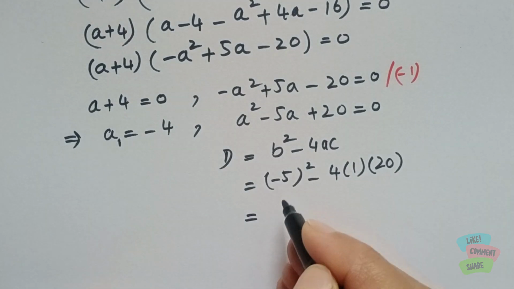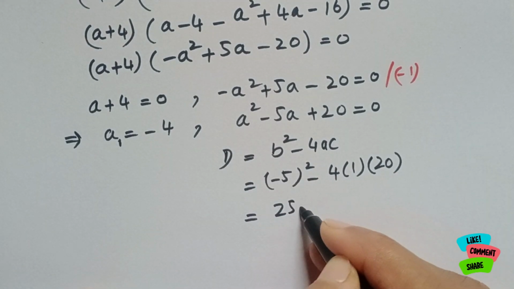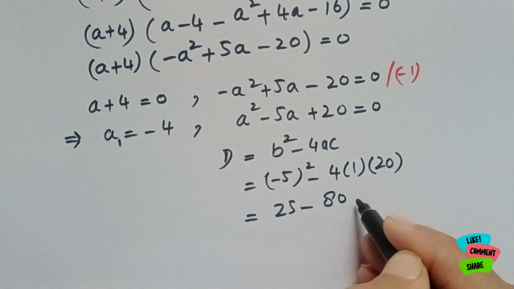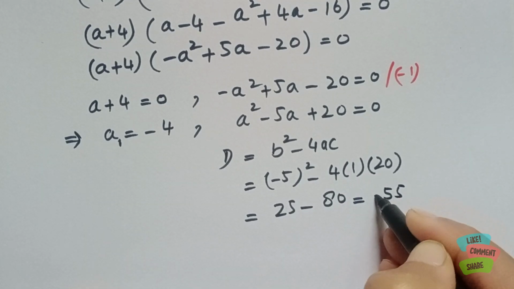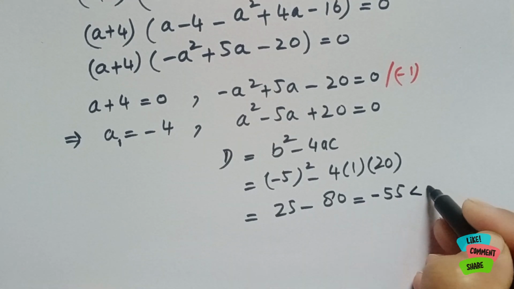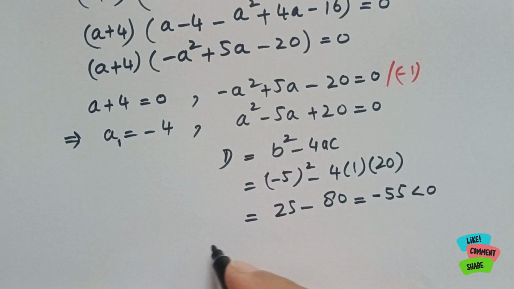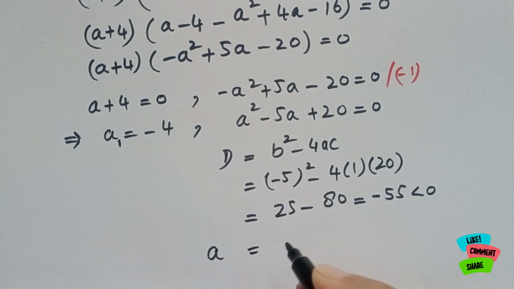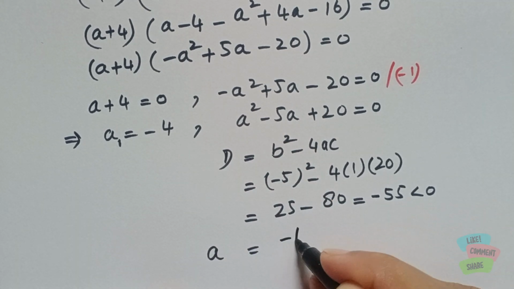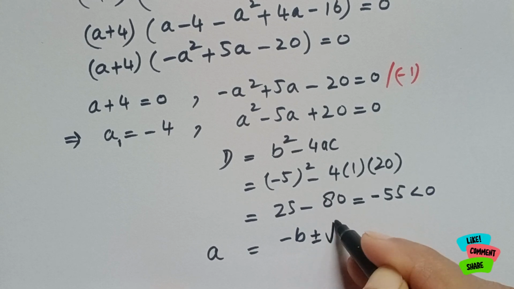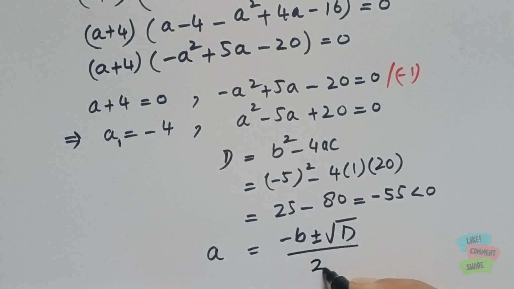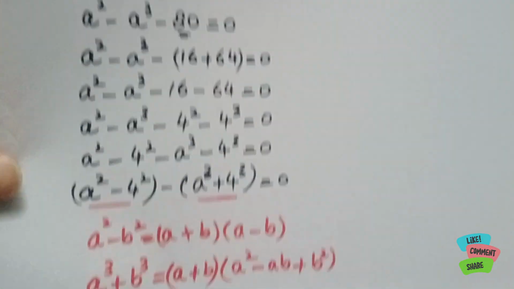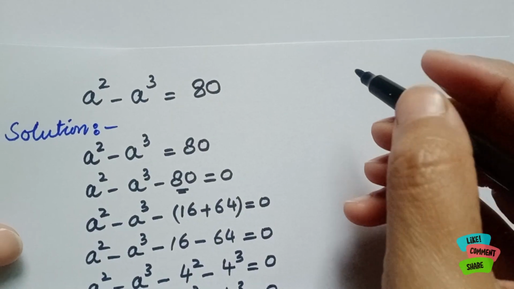So from here we will get 25 minus 4 times 20, which is 80, which is equal to minus 55, which is a negative value, less than 0. So we will write our quadratic formula, that is minus b plus or minus square root of the discriminant over 2a. Here we will solve this question further.